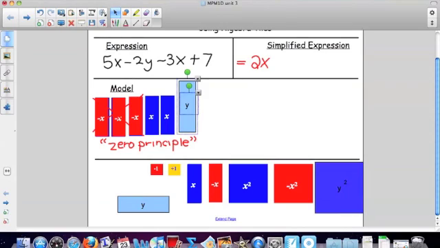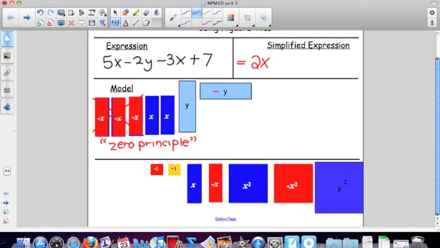So if I scroll down a little bit, I have one y over here and another y over here. We're going to make both of them negative values, negative y. So the negative 2y remains. So I've dealt with these three terms. How many unit tiles do you have on your big algebra board there? How many unit tiles did you put, Bianca? 7.